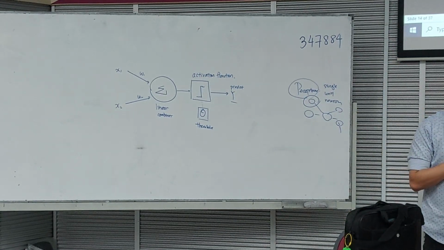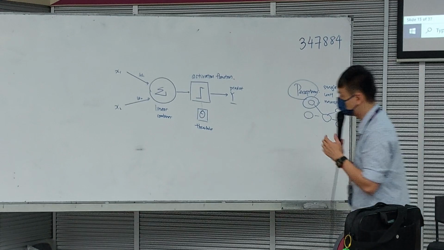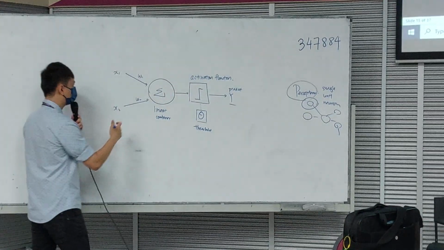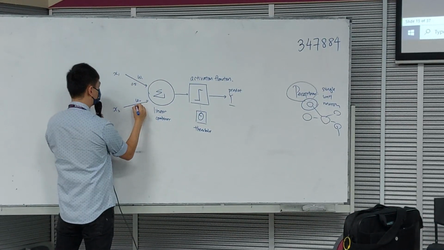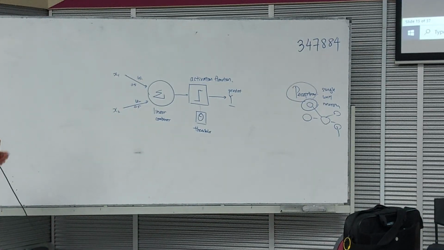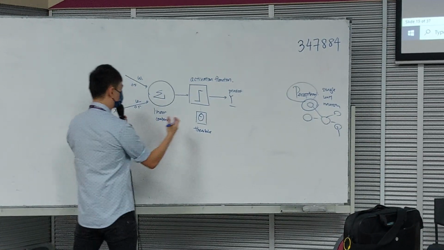So now let's see how this perceptron works. Step 1. Normally we will randomly assign W1 and W2. For example, in this case, I assign 0.5. Randomly assigned, 0.5, in the first round of training. We don't know what W1 and W2 are. We just randomly assign them, as well as the threshold value.